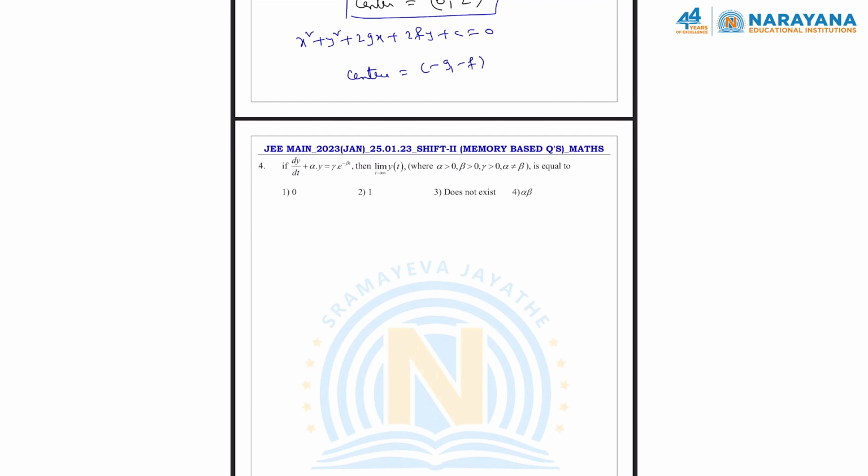Given dy/dt + αy = γe^(−βt), find the limit as t tends to infinity of y(t), where α > 0, β > 0, γ > 0, and α is not equal to β. First, if you observe the given equation, dy/dt + αy = γe^(−βt).